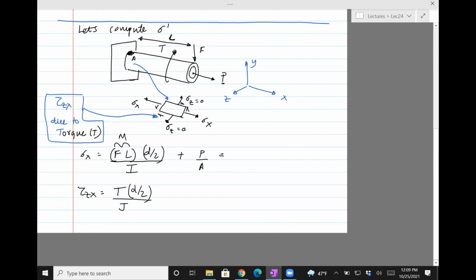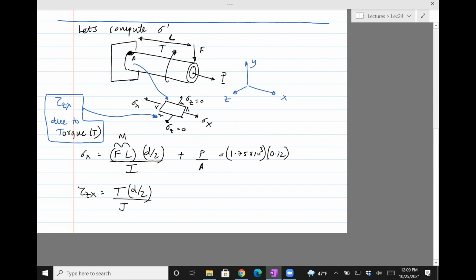F, as we know from the previous page, is 1.75 times 10 raised to 3 newtons. The length L is 120 millimeters, so it's 0.12 meters.